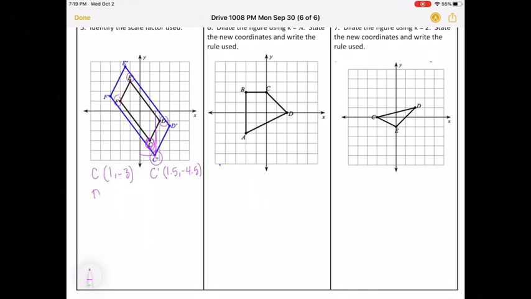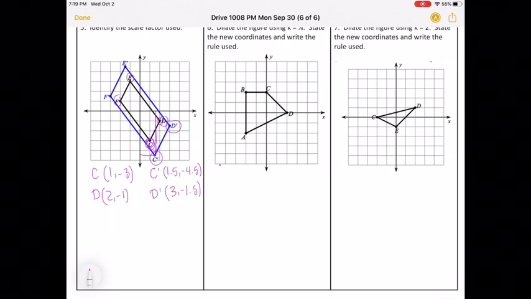Now D, the original D would have been this one, so 2, -1. And now D prime, looking at this one, is 3, -1.5.